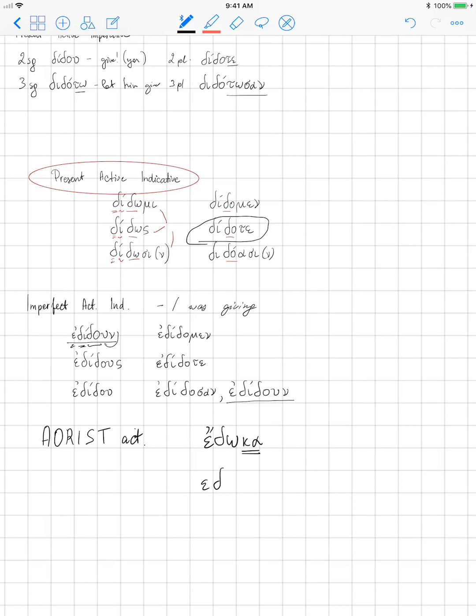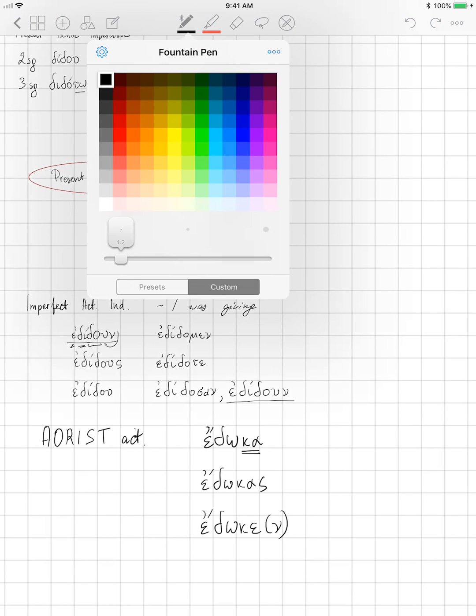You've got edoka, edokas, edoken. Now, just right here, right now, I'm gonna point your attention to this ken. Oops, doesn't really look that nice.